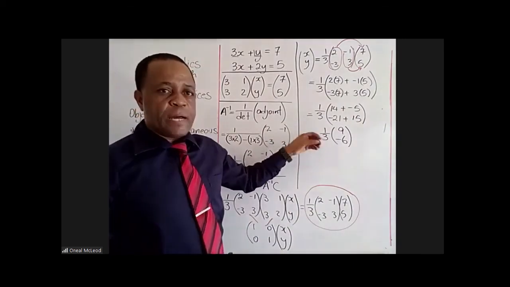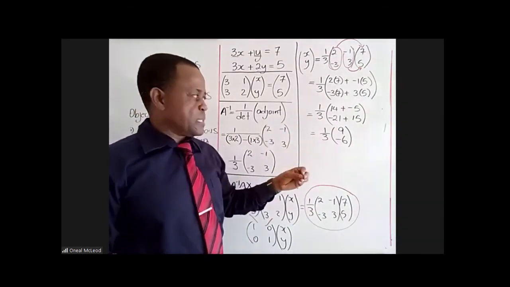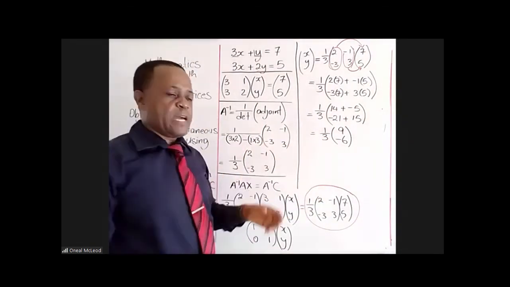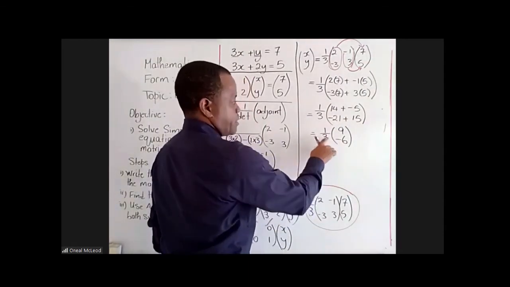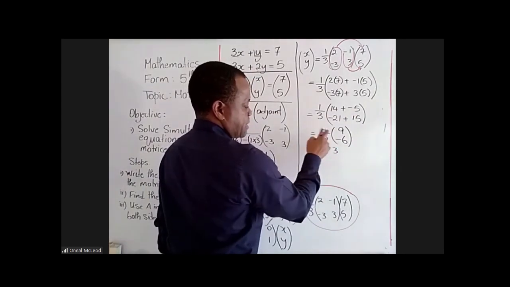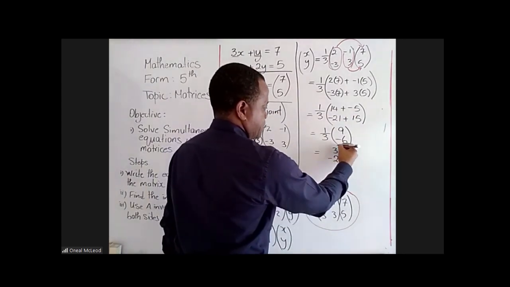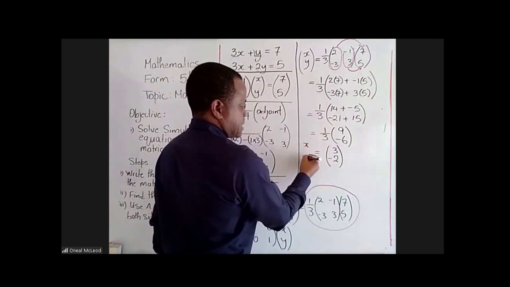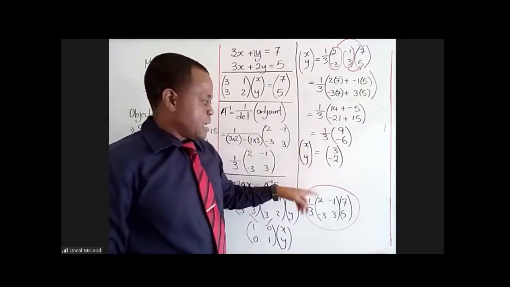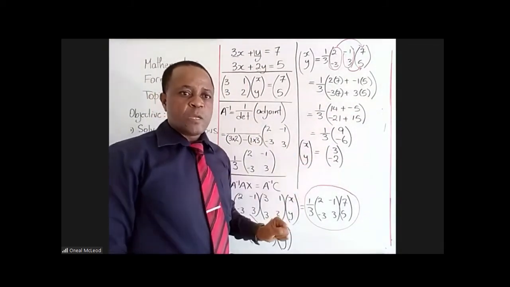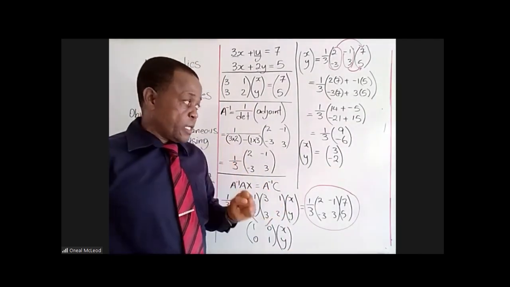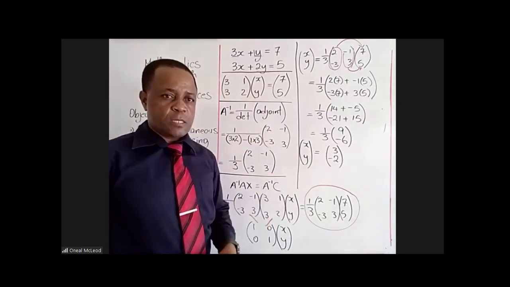Now, if I am multiplying by 1/3, it is the same thing as dividing by 3. So 9 divided by 3 will give us 3. -6 divided by 3 will give us -2. So now we're saying that x is equal to 3 and y is equal to -2. So you would have now solved the pair of simultaneous equations using the matrix method.